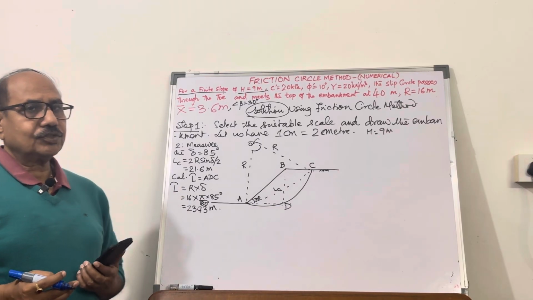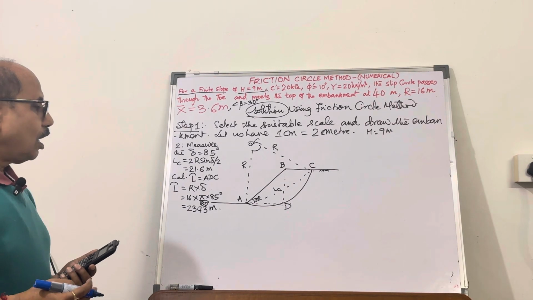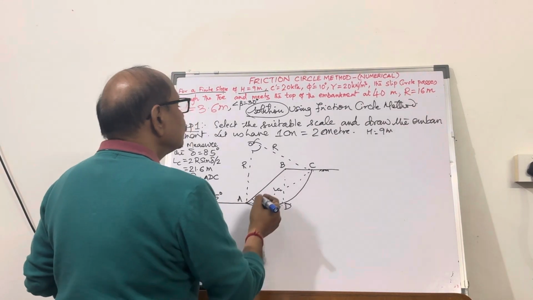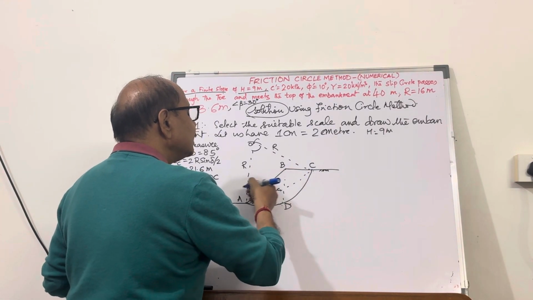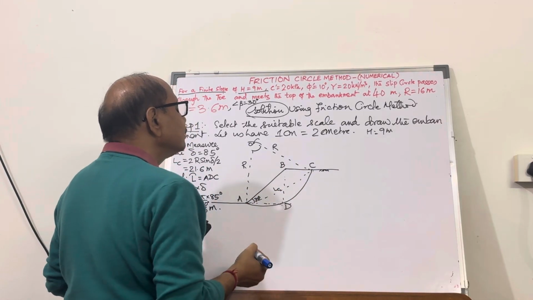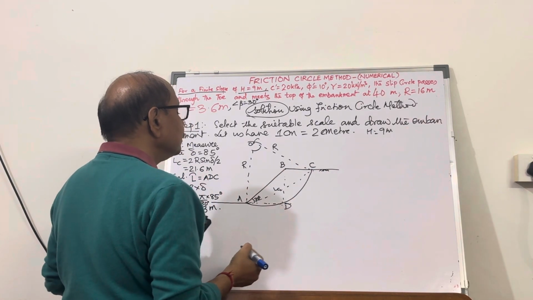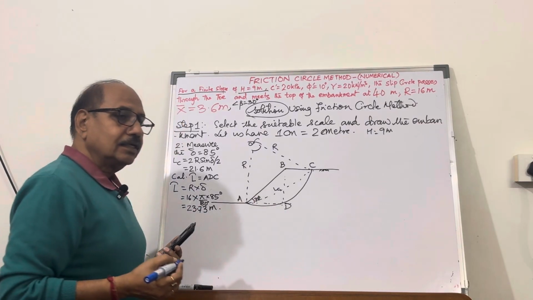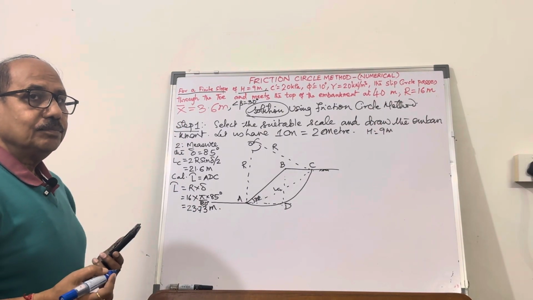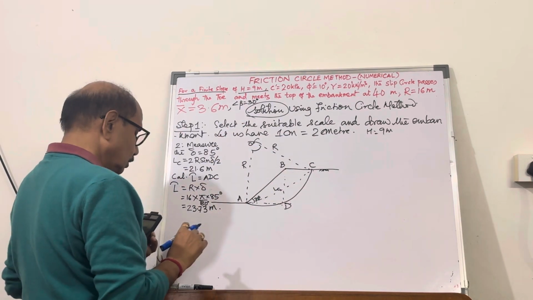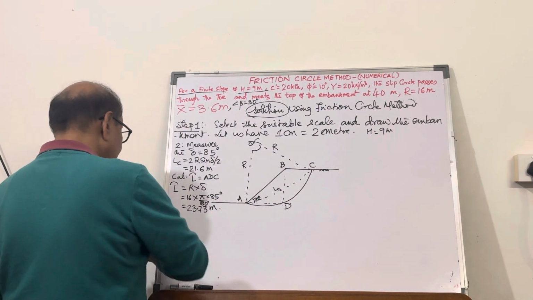So everything here we have been able to calculate. Now what next? How will you calculate W, the weight? The weight of this complete segment, you need to calculate it. And because you know now the center of rotation, you can draw a circle.